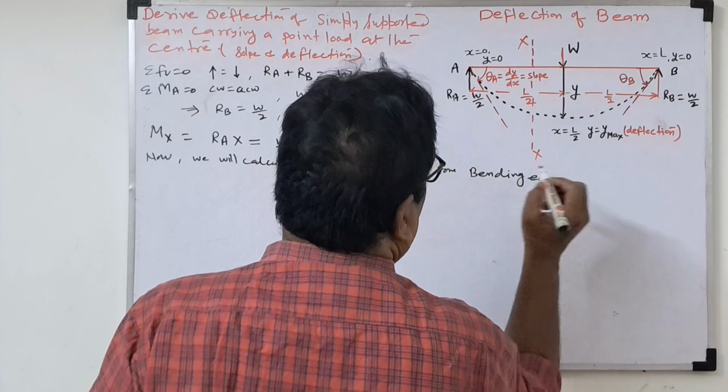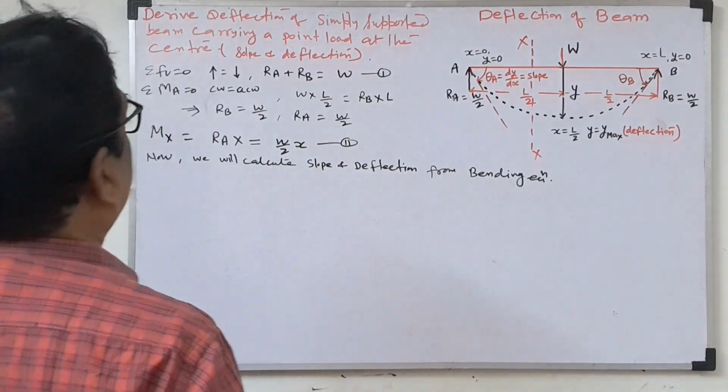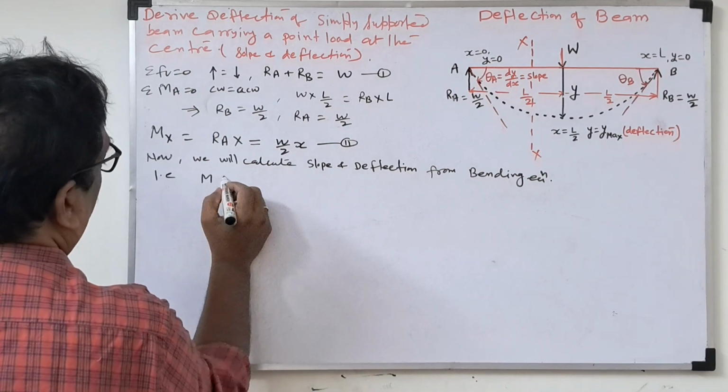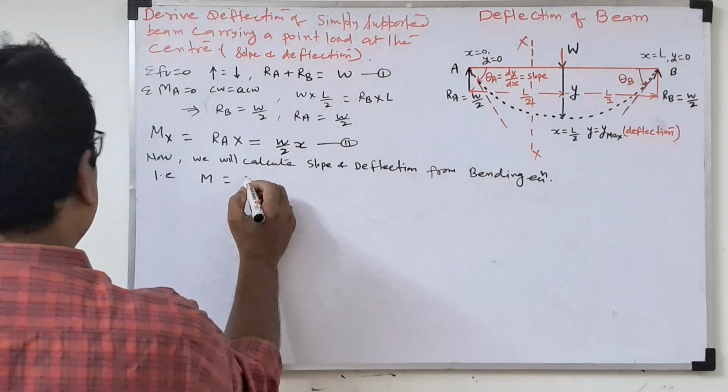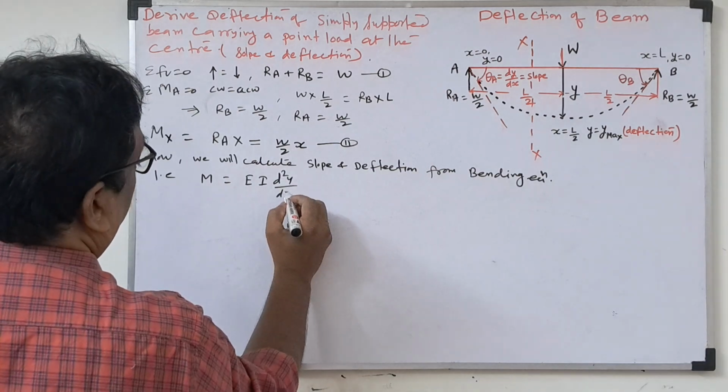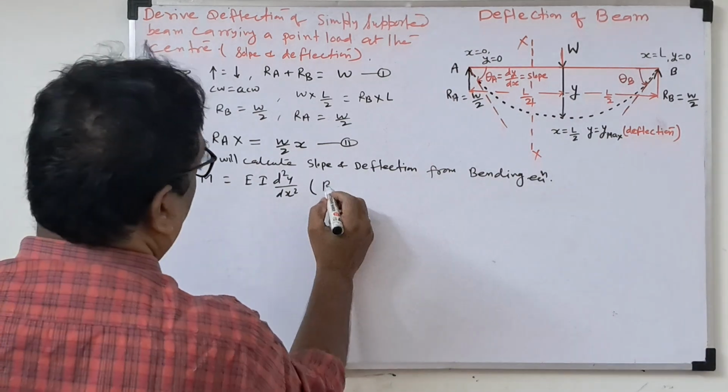We know the bending equation, which we derived before. I wrote there EI d square y by dx square. This is called the bending equation.